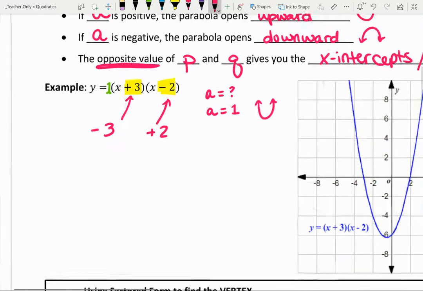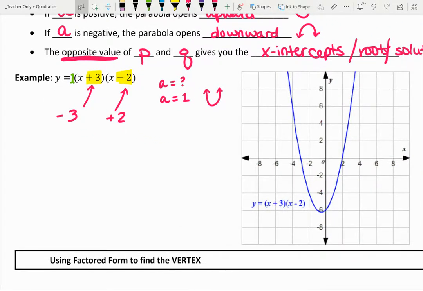And if we look at the graph over here to the right, we've got an x-intercept at negative 3, and we've got an x-intercept at positive 2. It's the same equation graphed right over here, and so we have our intercepts formed.